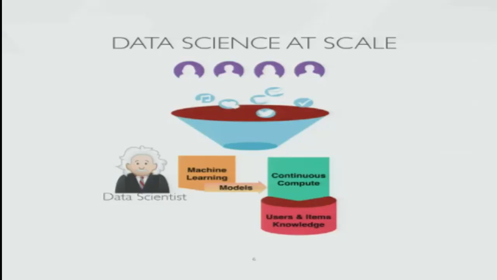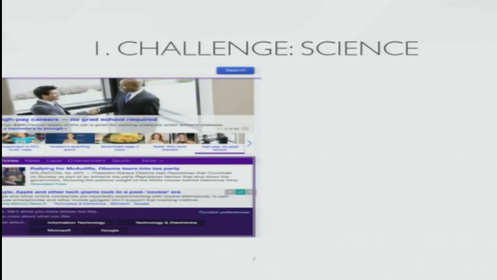So as a team working on the Yahoo platform, one of our jobs is to produce a platform that enables our data scientists to do their job efficiently. With that, I would like to cover a few challenges faced by our data scientists. The first one I will call the science challenge.